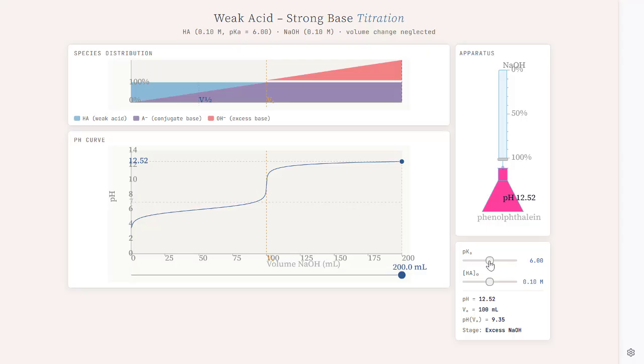You can also see that we're running into problems with our estimated formulas being incorrect. So it's most visible if I go to higher pKa. So you can see my buffer estimate and my strong base estimate and my weak acid estimate don't really line up, so that we have this artifact here.